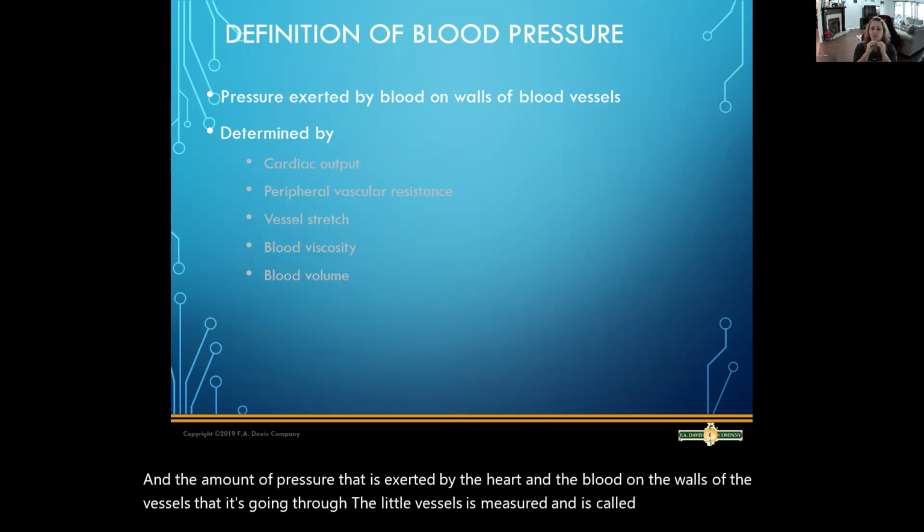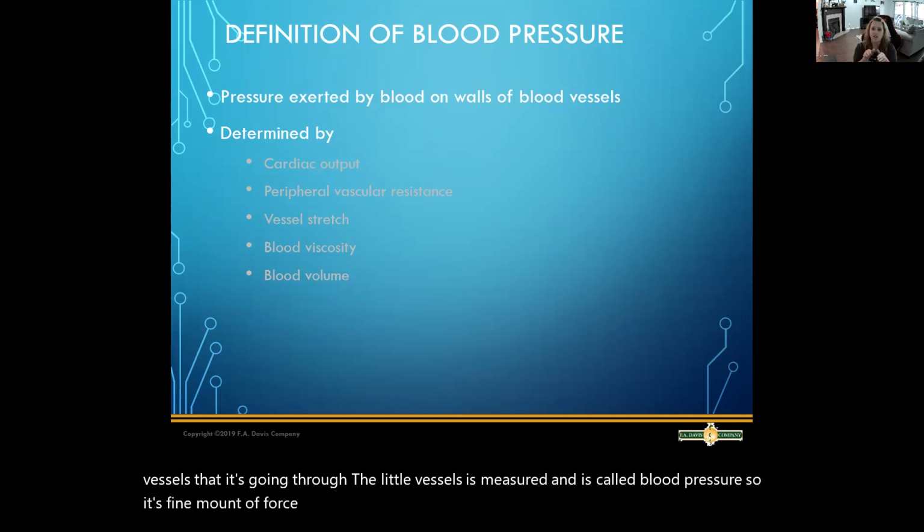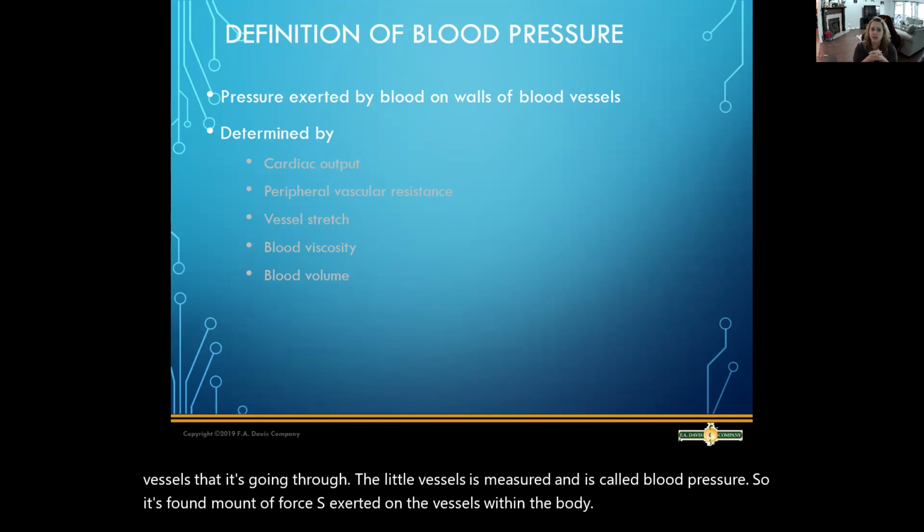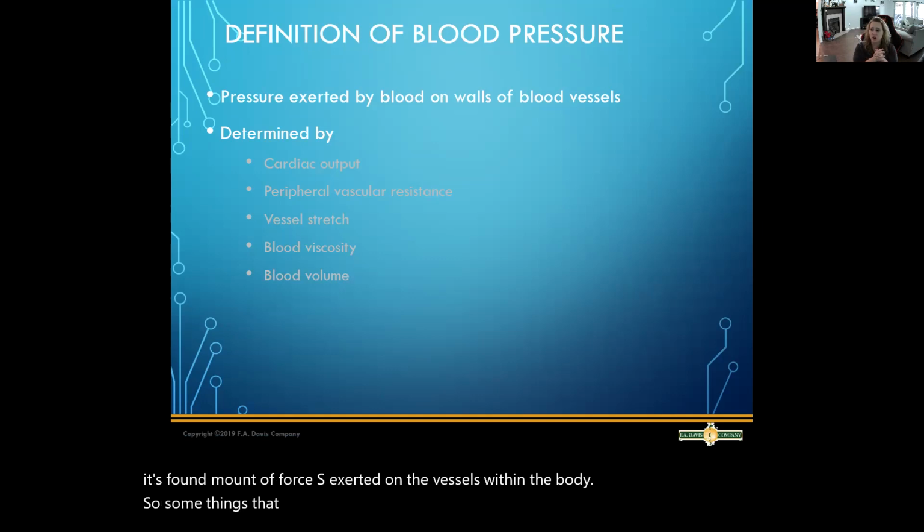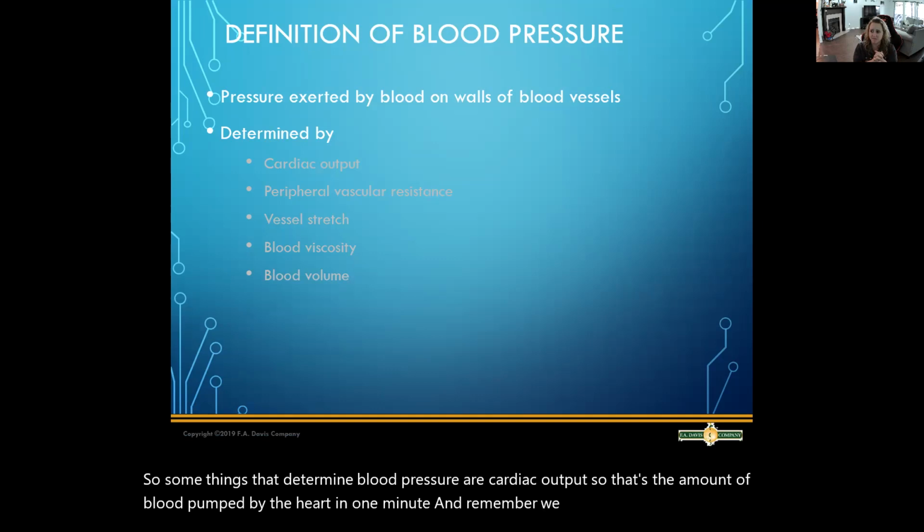So it's the amount of force that's exerted on the vessels within the body. Some things that determine blood pressure are cardiac output, the amount of blood pumped by the heart in 1 minute. Remember, we talked about that previously.